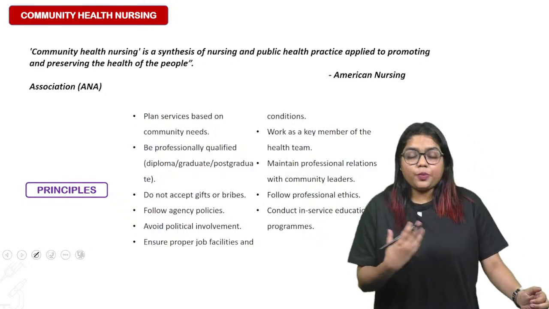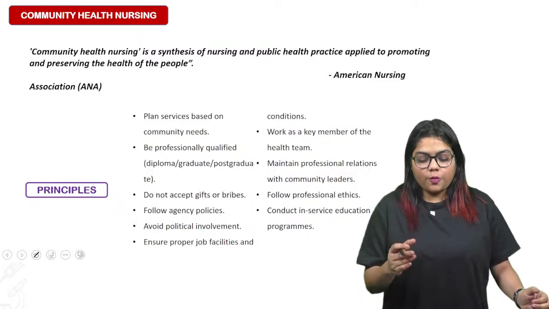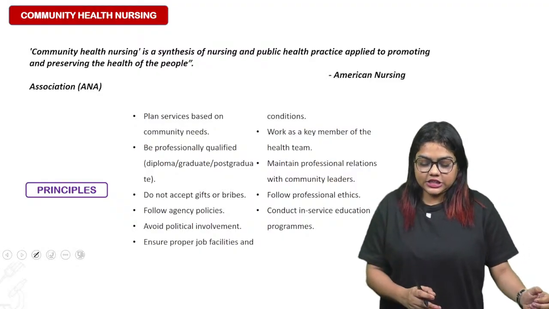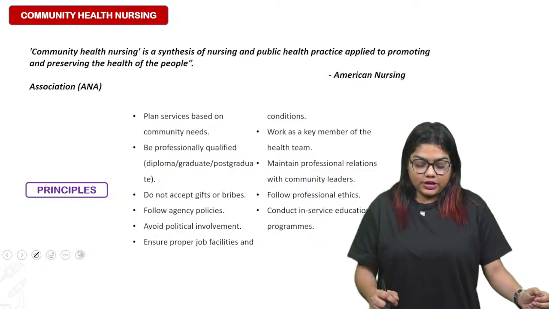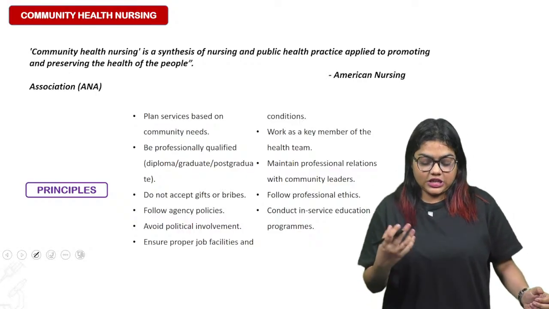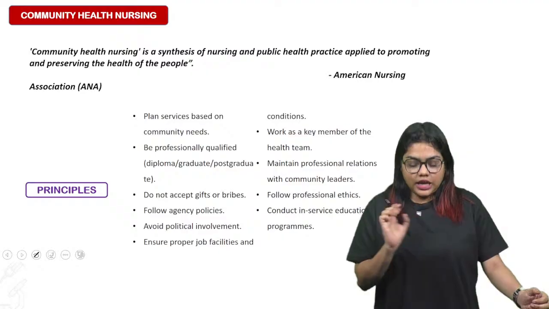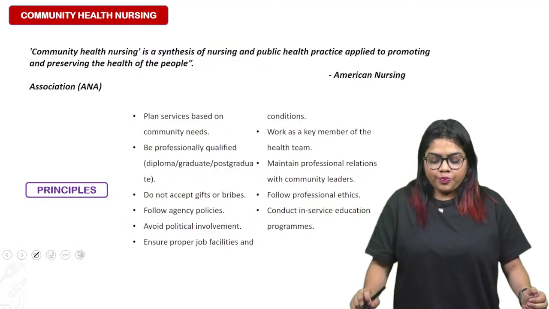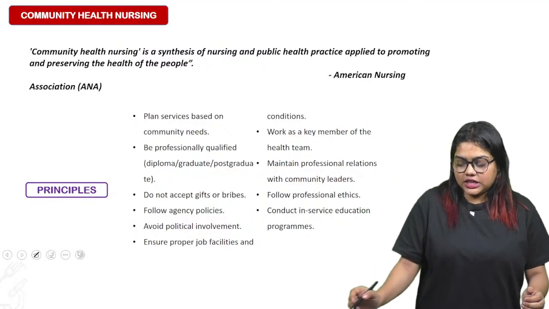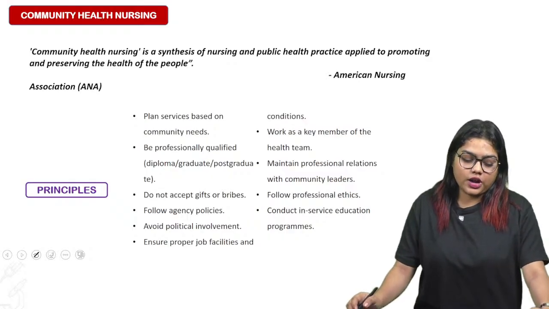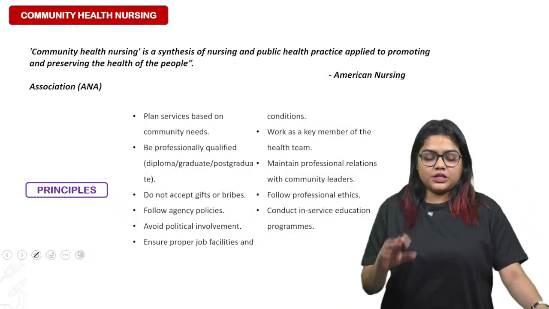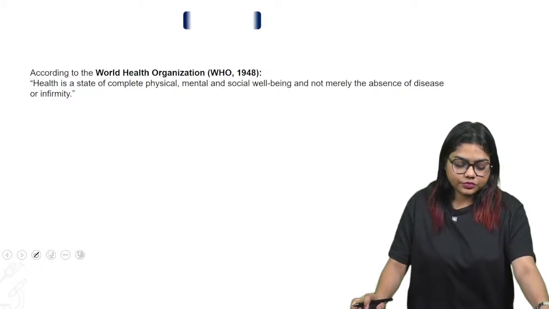Avoid political involvement. Ensure proper job facilities and conditions. Work as a key member of the health team. Maintain a professional relationship with the community leaders, and follow professional ethics. Conduct in-service educational programs. These are the main principles of community health nursing.